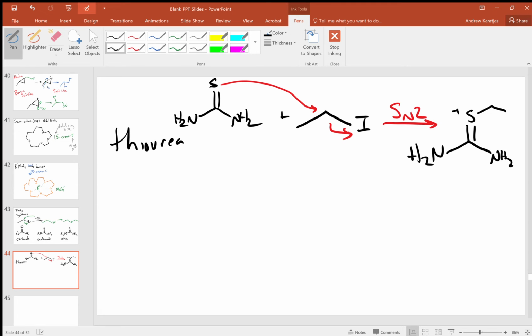And because that sulfur is a cation, it's no longer nucleophilic. And so we don't end up with a second alkyl group on the sulfur. The reaction stops here. From here, we add sodium hydroxide to it. And sodium hydroxide will cleave the urea group, and we end up with a thiol.